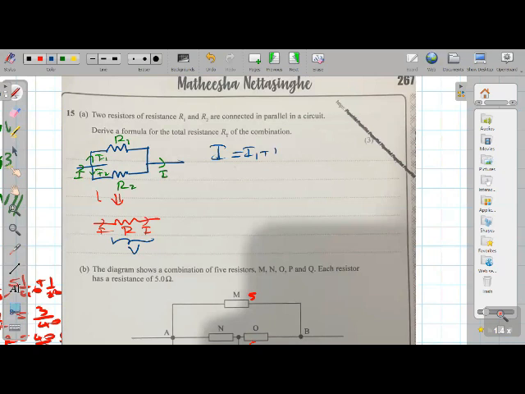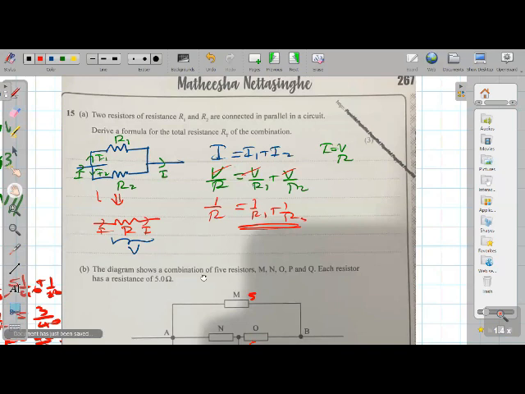I1 plus I2 is the splitting one. And I equals V over R. So V over R equals V over R1 plus V over R2. And we cancel off V, so 1 over R equals 1 over R1 plus 1 over R2. I got it, 3.125. Okay, this is how you derive.